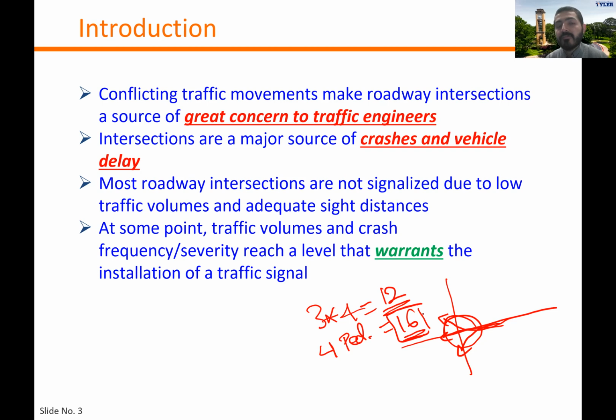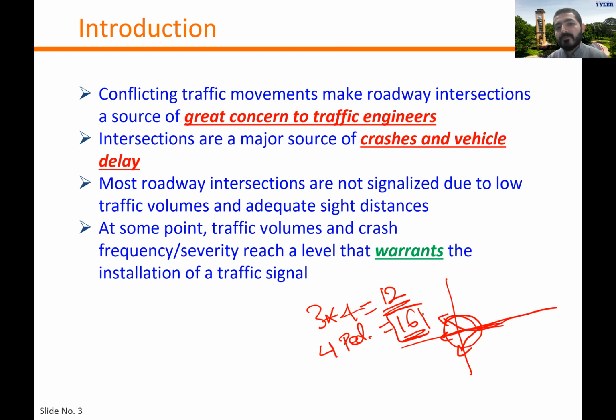And that is a lot of activities right there that can contribute to the reason why we have a major source of crashes and vehicle delays happening mainly at intersections. And that's why we have to have certain control over those intersections, whether having the simple stop sign or all-way stop sign or yield sign, all the way up to a signalization of that intersection.